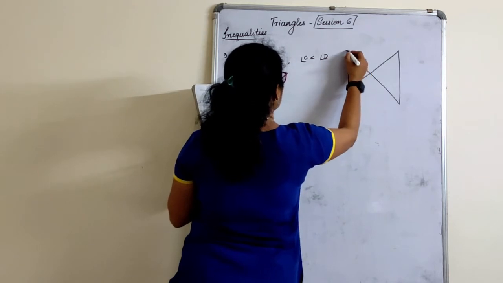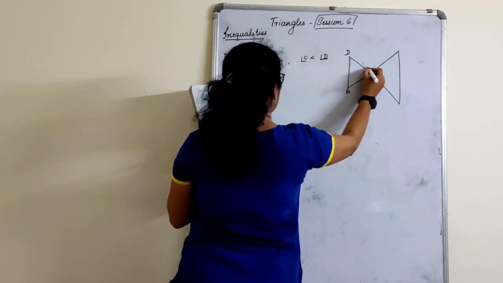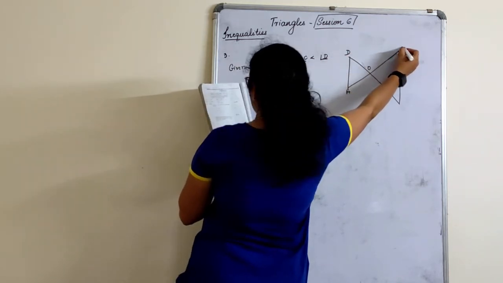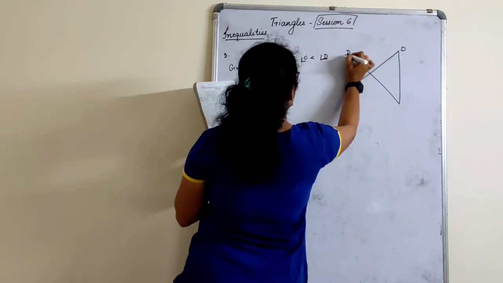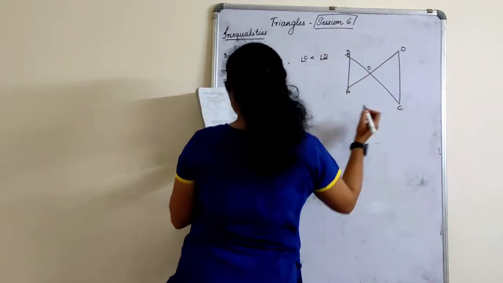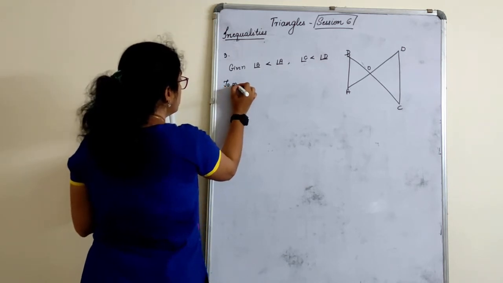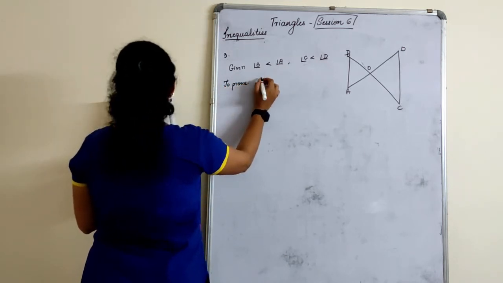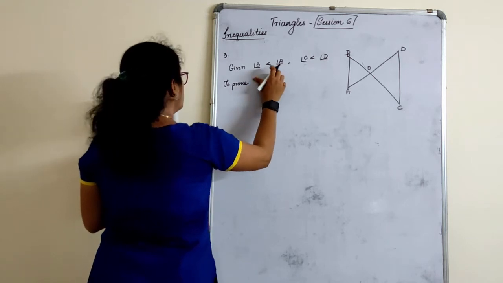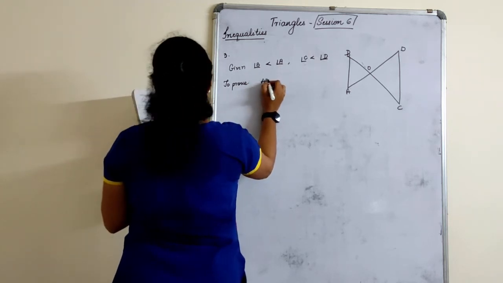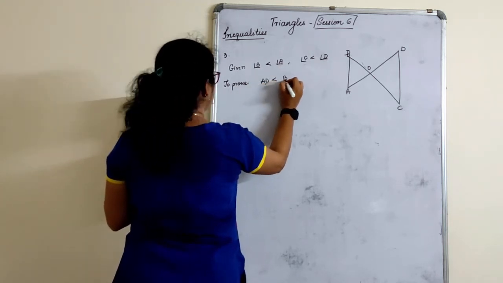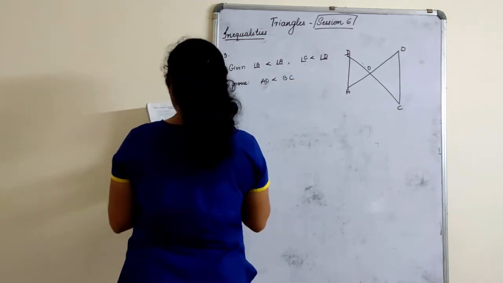So this is D, this is A, this is B and this is C. To prove AD is smaller than BC, right?